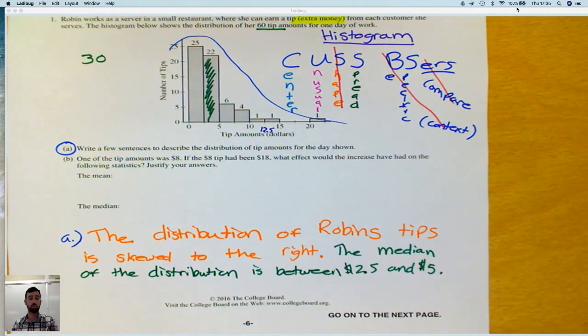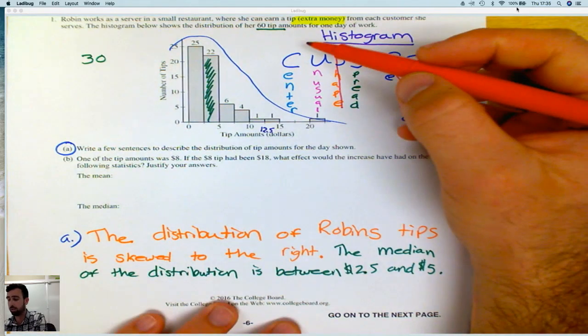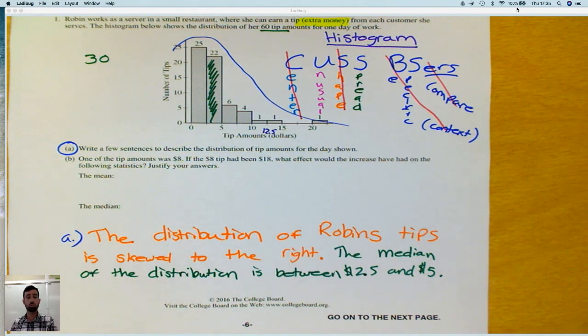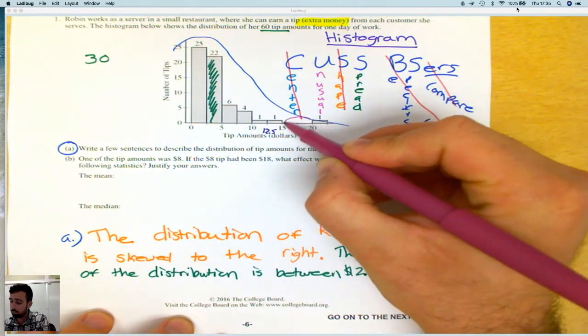Ask me any questions if you want to make sure. So we got the median. I'm going to go ahead and cross that out now. Or the center, I'm sorry. Now anything unusual. So is there anything unusual about this graph? The answer is yes. This little gap right here.